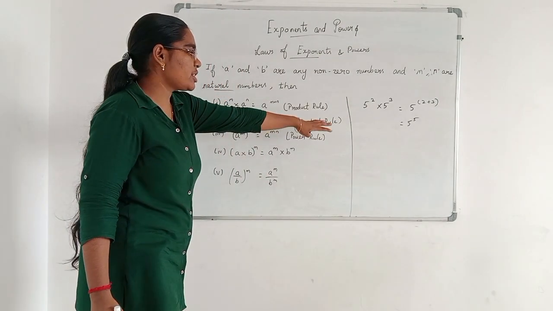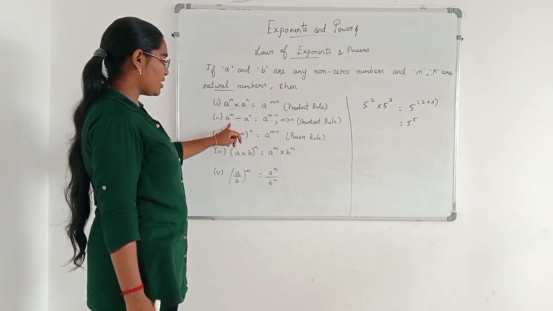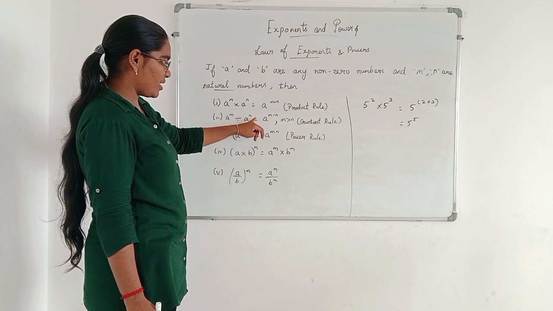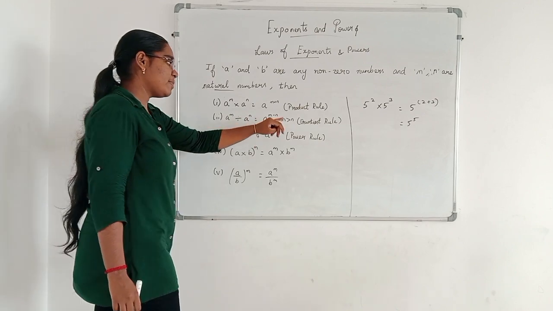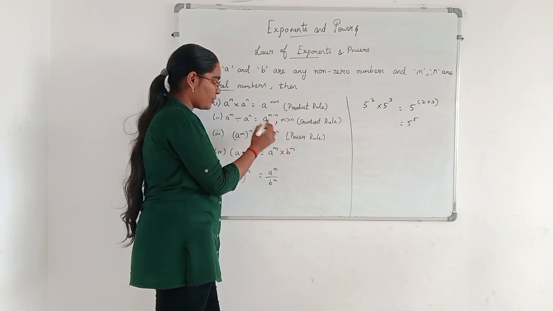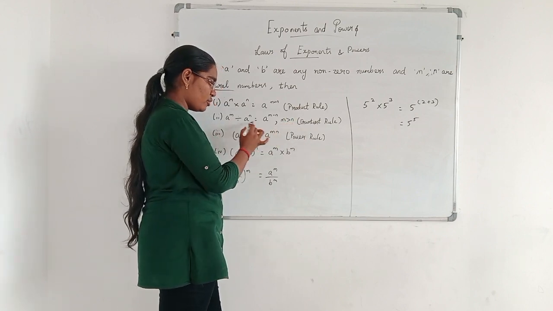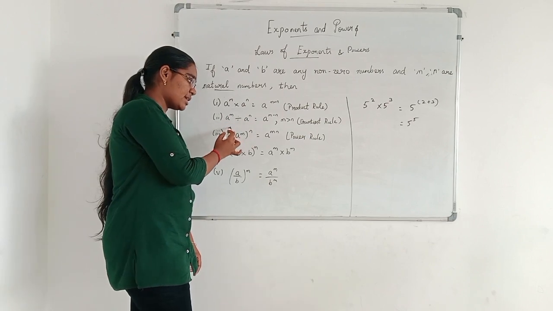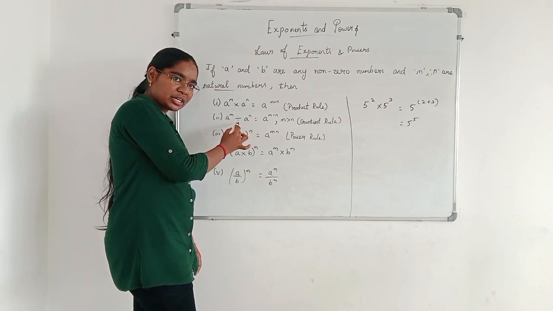Second one, quotient rule. Here a to the power of m divided by a to the power of n equals a to the power of m minus n, where m is greater than n. So this rule is known as the quotient rule. Here the two bases are the same and those bases are in division.